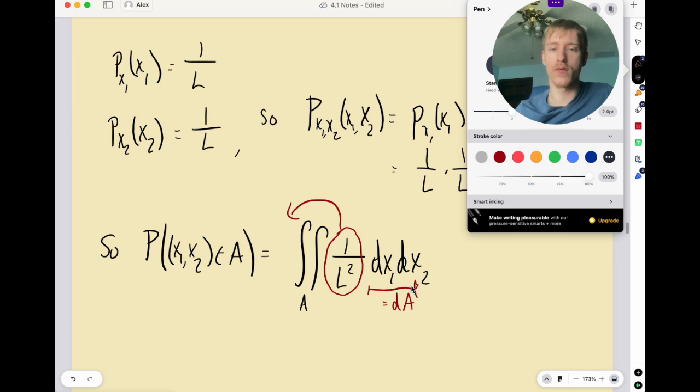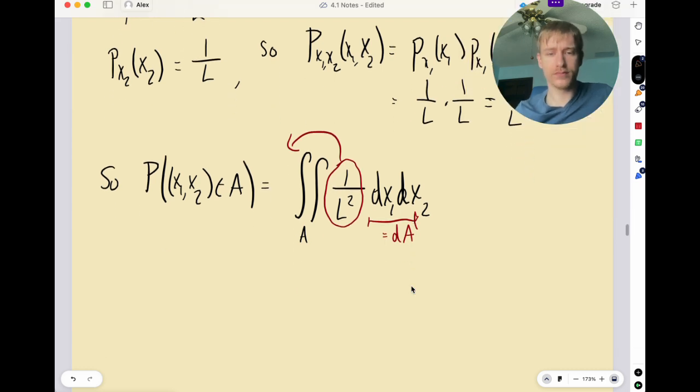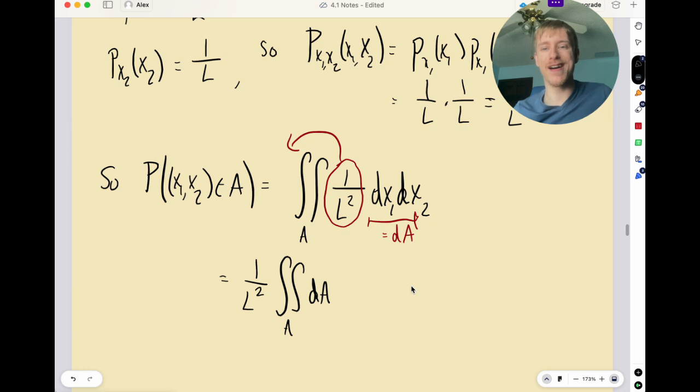It's just another way of writing it. So this is thus going to equal 1 over L squared times the integral over the region A of dA, but that's just the area of the region A. This is going to be 1 over L squared times the area of what we've called region A.